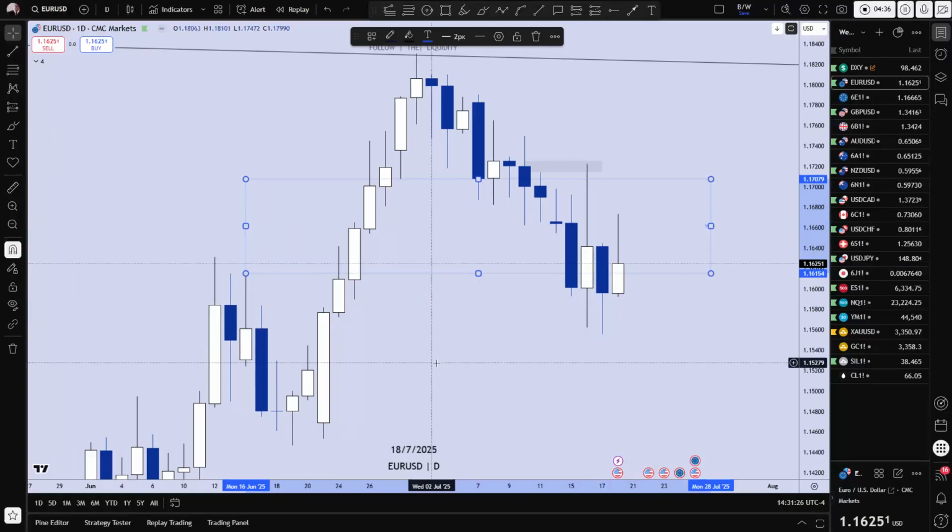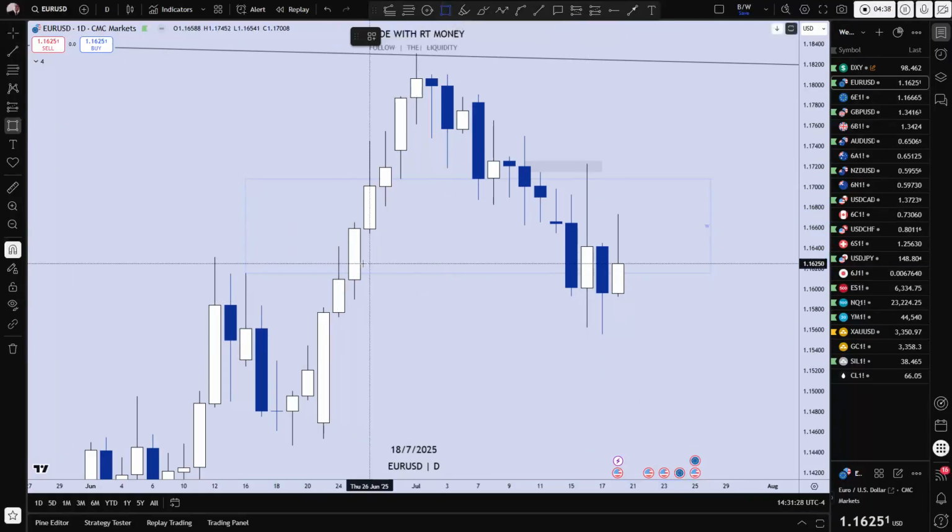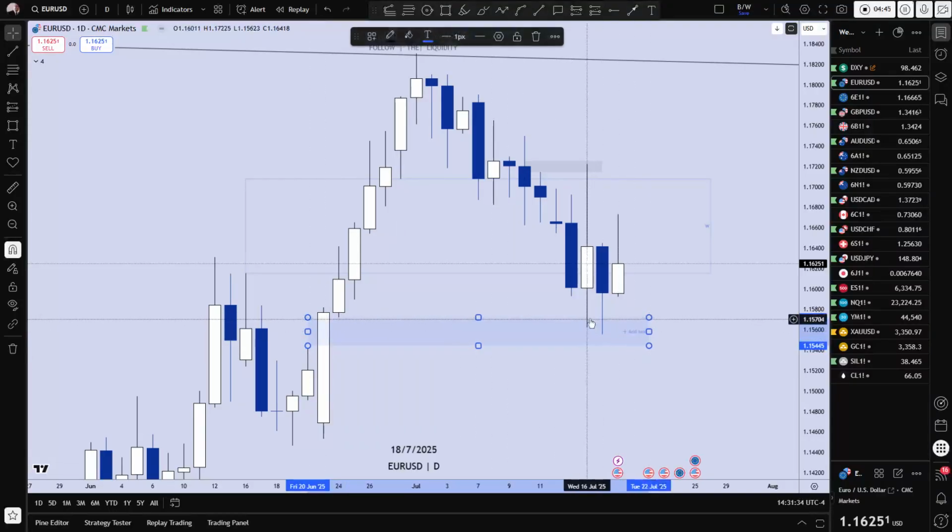I want to make note that there is a bullish fair value gap here. It's old. It's probably going to be used as a speed bump, as it is here. We used it, we tapped lower, did not continue higher.